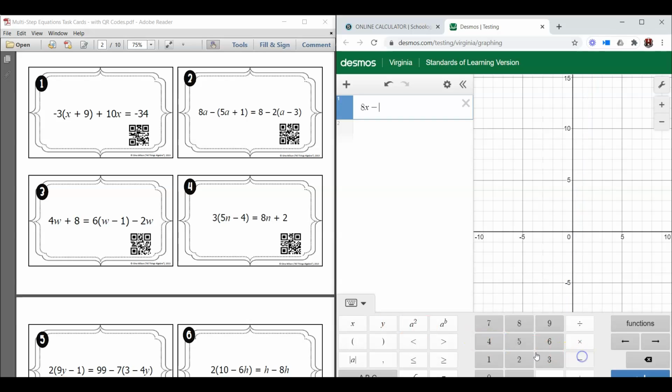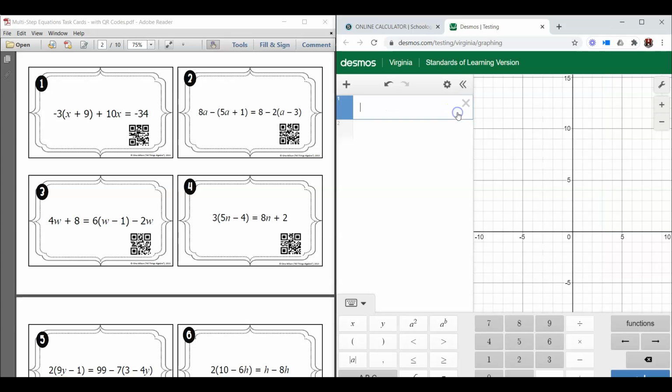I'm going to do minus and then parentheses. And then I'm going to do 5x plus 1. So everywhere I see that variable a, I'm going to use an x instead. All right, now I need to be outside the parentheses. That is equal to 8 minus, and then we need 2 parentheses, and then we're going to do x minus 3.